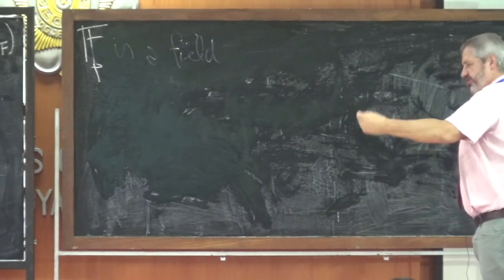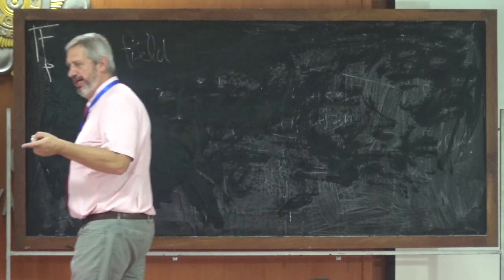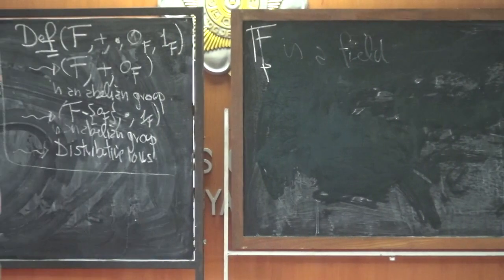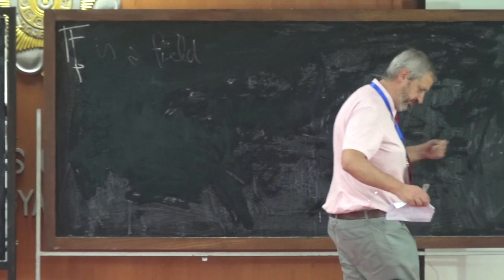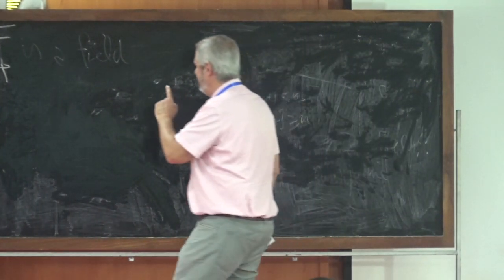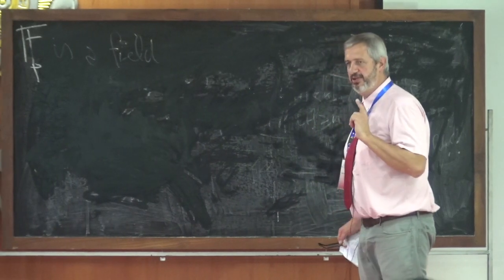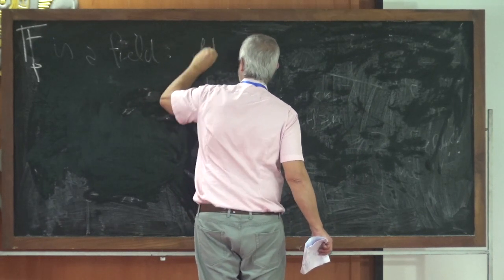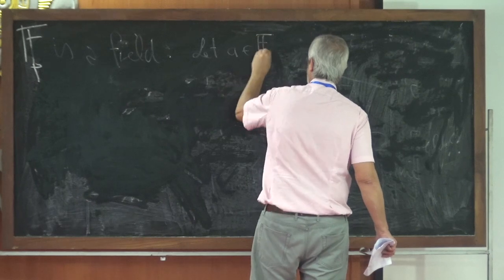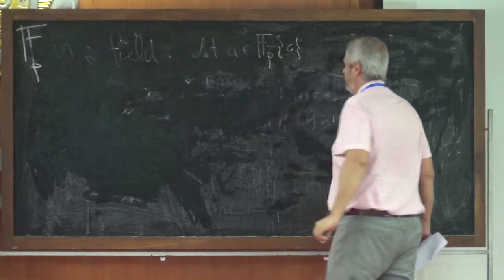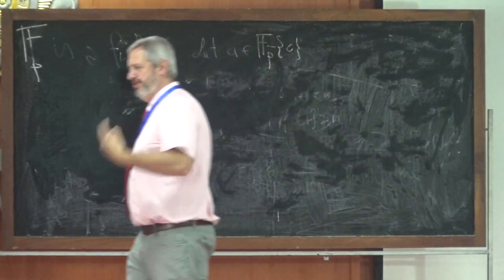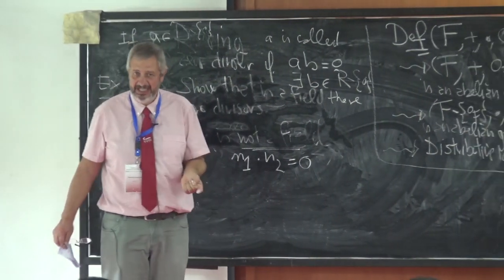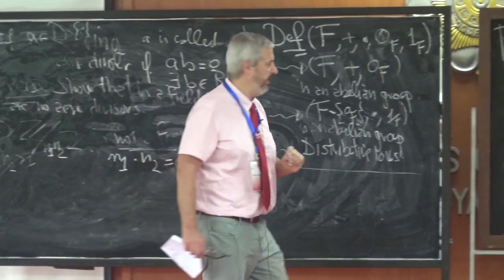So I'm going to just assume that all axioms are verified. So it's an additive group with respect to plus, and the product is well defined. It's associative, distributive, and everything. So the only thing that I wish to verify here is the fact that every non-zero element has an inverse. So let A be a non-zero element of F_p, and so I have to produce another element B such that when I divide the product by p, the remainder is 1, right? This is what I have to do.